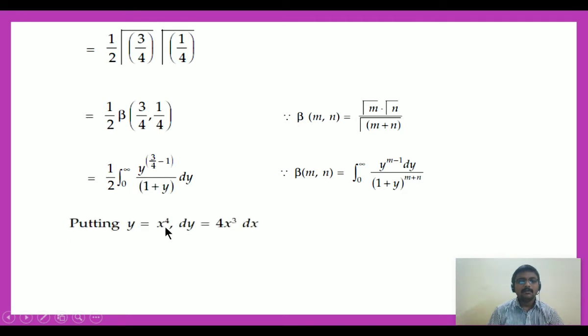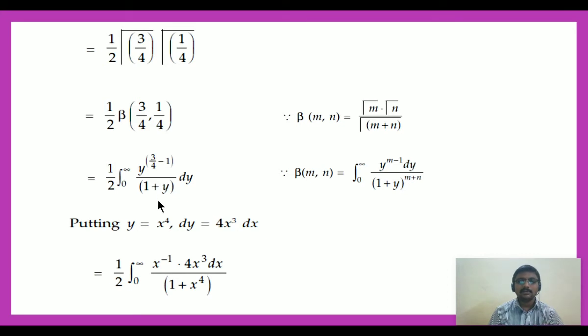Now putting y as x power 4, so that dy becomes 4x cube dx, and we will have the same limits. So that is half into integral 0 to infinity y power 3 by 4 minus 1. But what is 3 by 4 minus 1? Minus 1 by 4. So we will have y as x power 4, x power 4 whole to the power of minus 1 by 4.